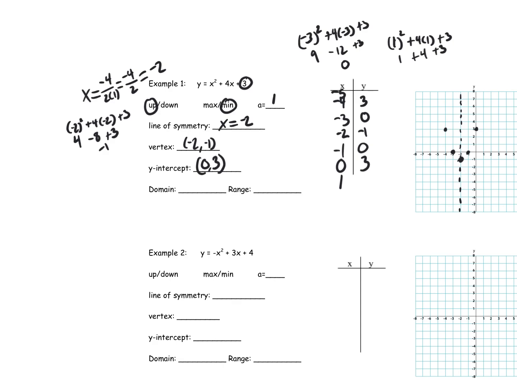So 1 plus 4 is 5, plus 3 is 8. And the mirror effect would say that would be 8 as well. So now we really have a full parabola here that we can plot.